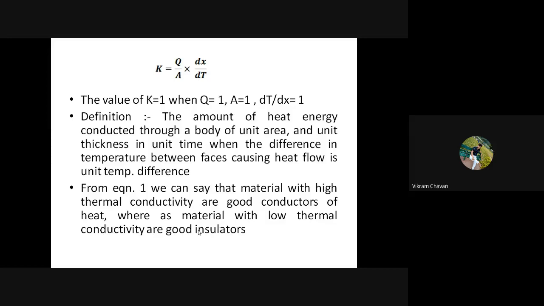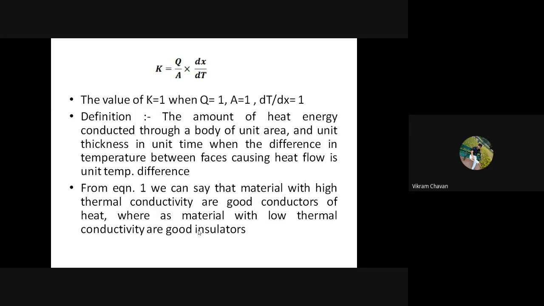So we can say that good conductor means what? Metals are the good conductors, because the thermal conductivity of metals is higher as compared to the insulator, and these metals will transfer the heat at a higher rate.